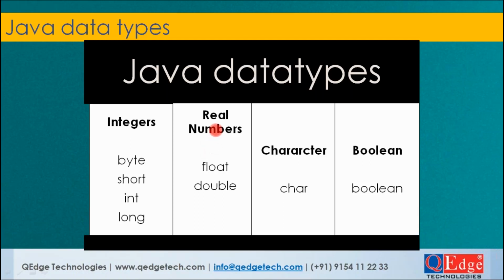Such values you can store in real numbers. Float and double are 2 data types belonging to the real numbers category. There is only one data type here called char, belonging to character. We can store only a single character. And there is another data type here called Boolean. We can store either true or false.